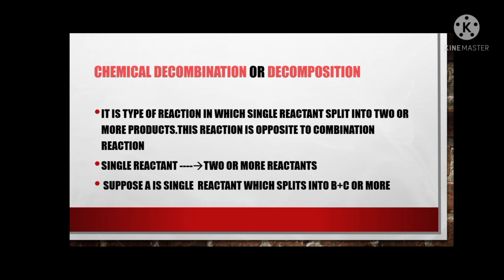Because heat is taken into the reaction. Therefore, the surrounding temperature is reduced. That is why such chemical reactions are termed endothermic reactions. That means heat is absorbed during the chemical reaction. Hence, these reactions are endothermic reactions.